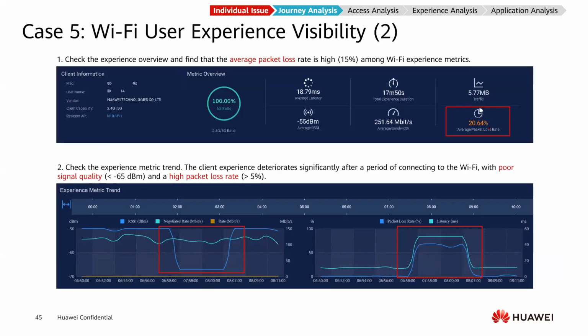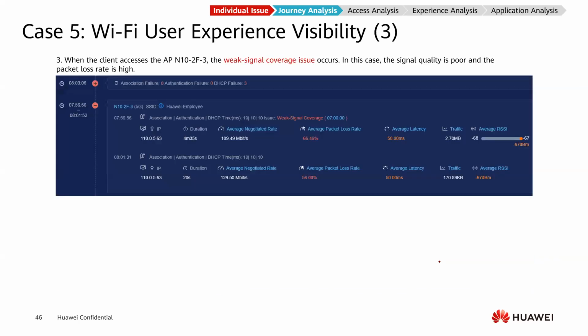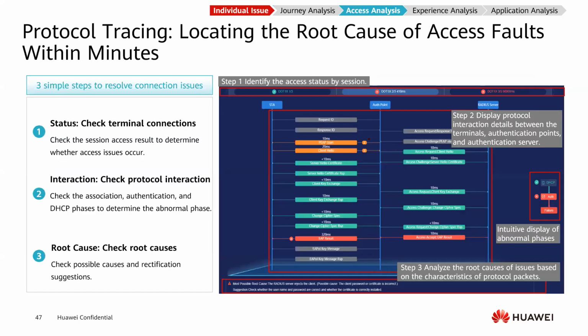Just like this, the average packet loss rate is very high, and you find in this period of time it has poor signal quality and also a high packet loss rate. And you will find that it goes through a weak signal coverage. You can click it to check the detail.